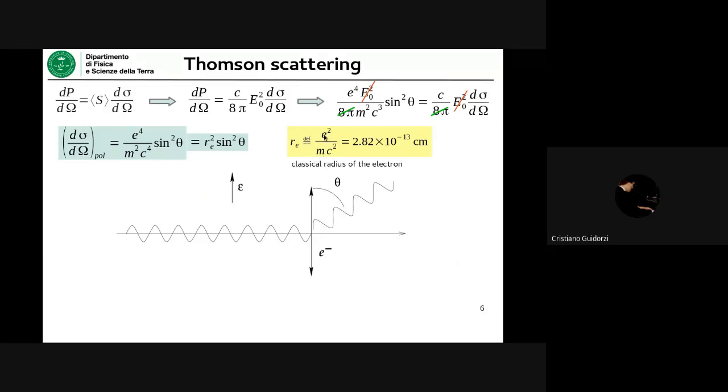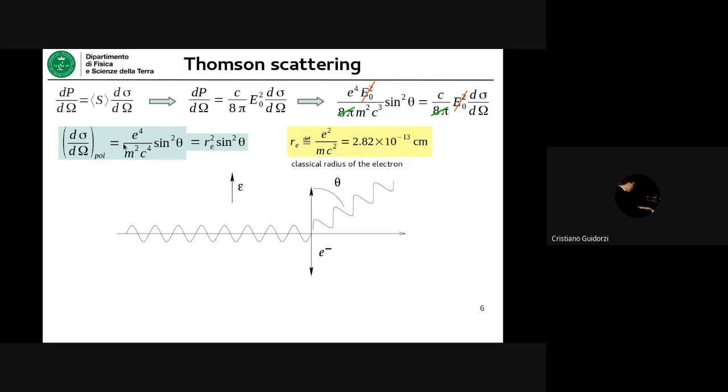Because if you think of the potential energy, charge squared over distance is energy. So in this case, you have energy times length over energy. This is a length. And this is very important to know, to remember the formula which defines the classical radius of the electron, as well as its value, 2.8 10 to minus 13 centimeter.